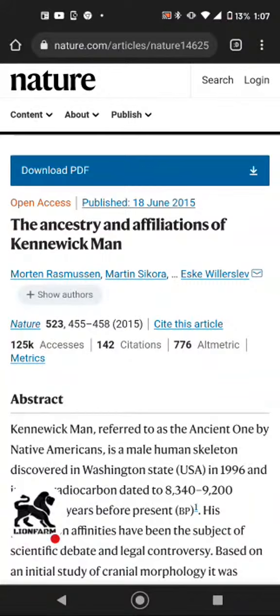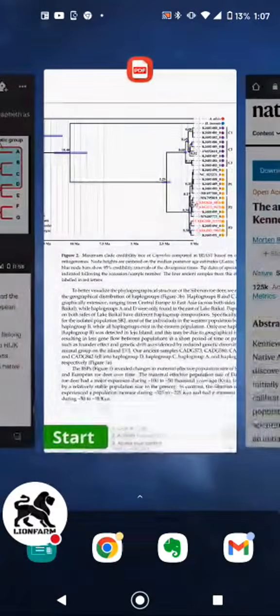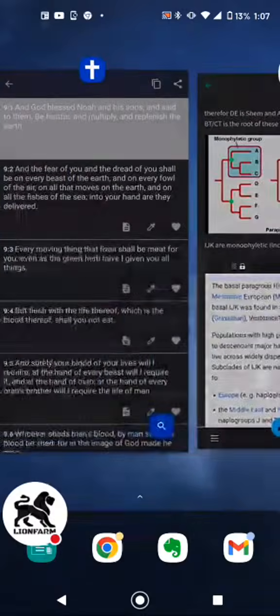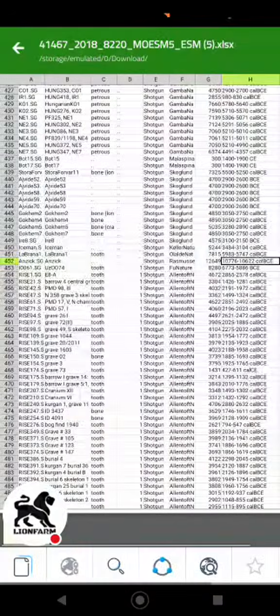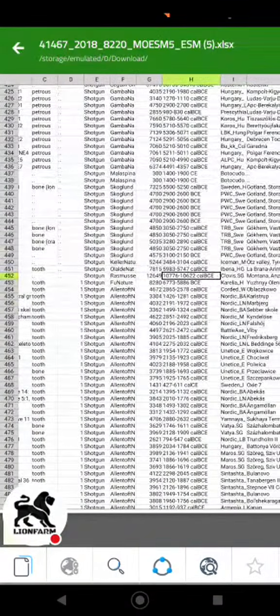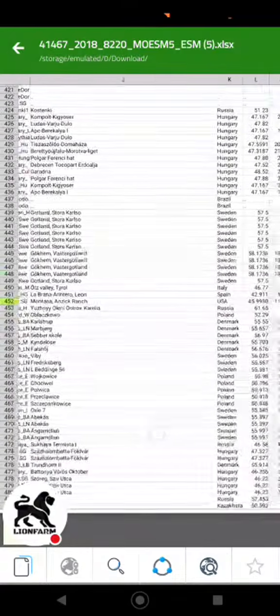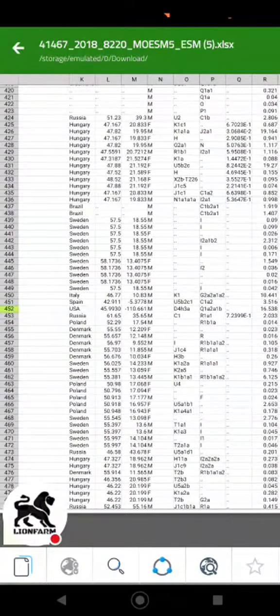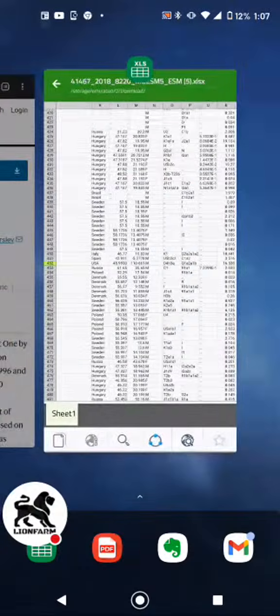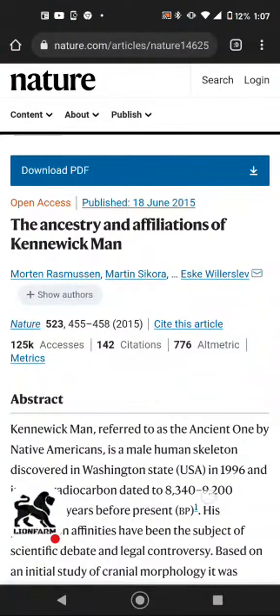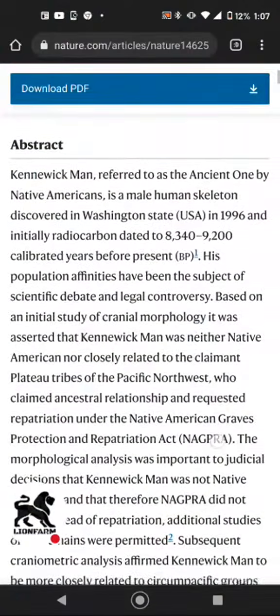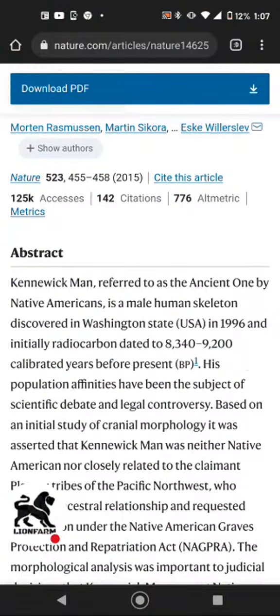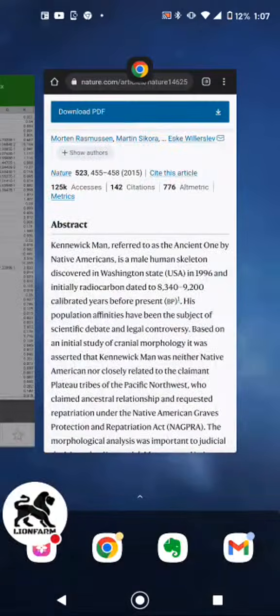If he's saying on that same paper that the Q group was in America 10,000 years ago, and that other paper right here was saying that the Q group was in the lands of America at least in the BC time frame.